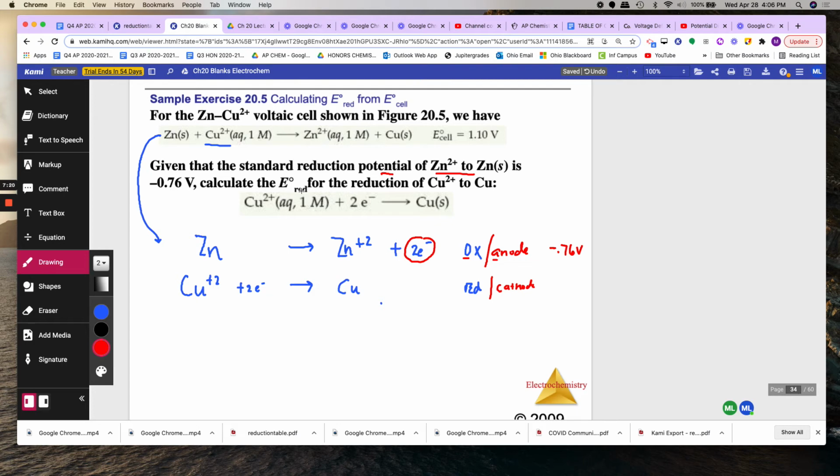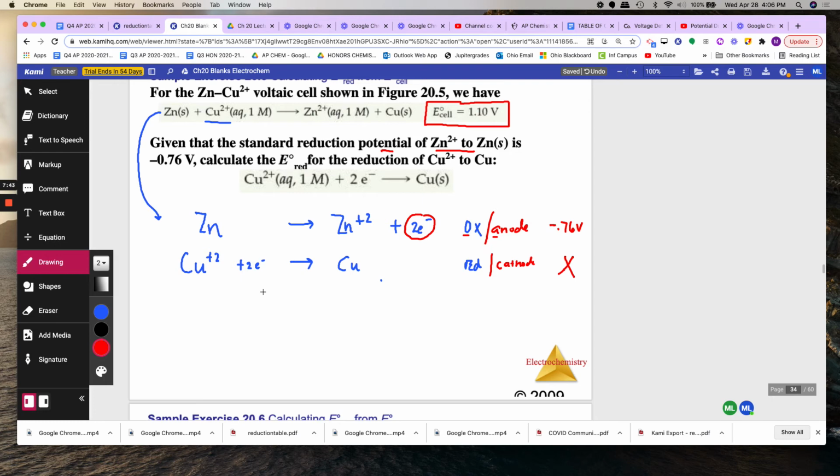Calculate this E potential for the reduction of copper plus 2. So they want you to know this one. This will be your X. So they're looking for this potential for copper to accept the electrons. So they also gave you this E naught of the cell.